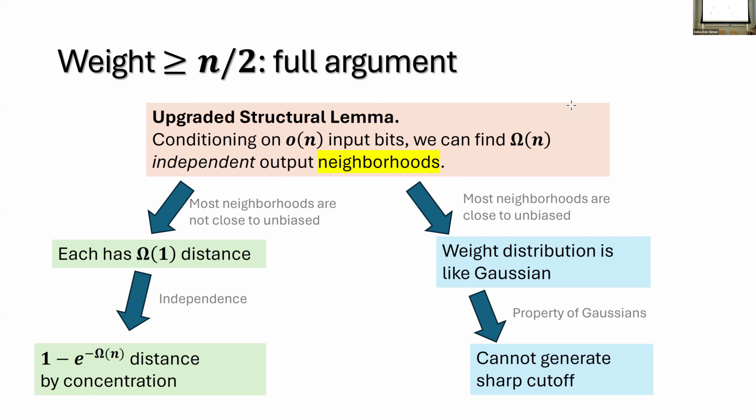Then we can actually prove that the Hamming weight distribution satisfies the central limit theorem, and it's going to be Gaussian. This is because we not only have the independence between output bits, but we also put in all the correlation that it can have. So the central limit theorem actually works here. And because the Gaussian distribution cannot generate a sharp cutoff, this Hamming weight distribution also cannot generate a sharp cutoff, which means it cannot approximate that distribution well. So either way, we win. We witness some large distance either way.